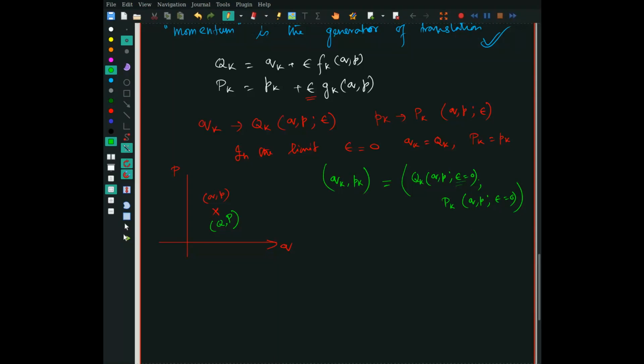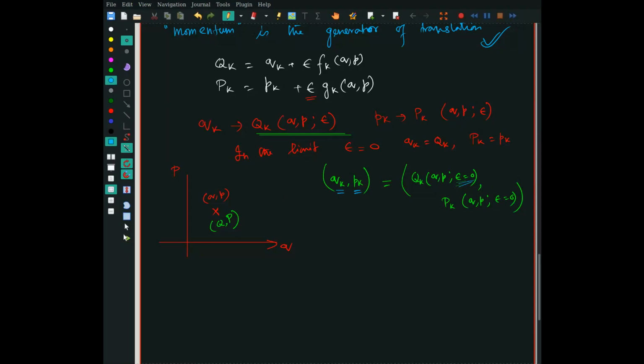But in general, if epsilon is an arbitrary parameter whose physical meaning I do not know at this moment, then this way of writing my transformation is something like writing the epsilon evolution of my coordinates Qk and Pk, and you can think about my small qk and small pk as the initial coordinates at epsilon equals 0.